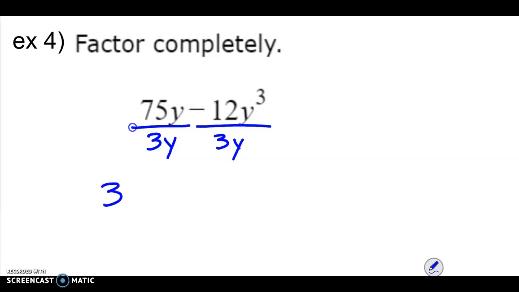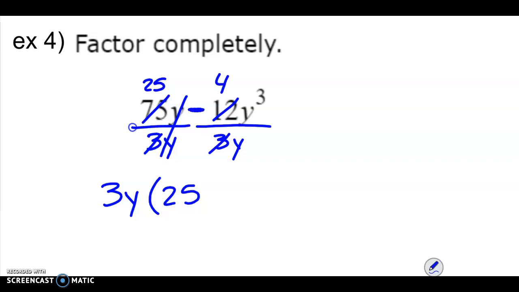So when I factor a 3y out of here, 75 divided by 3 is 25, and the y's cancel. So I've got 25, and then 12 divided by 3 is going to be 4. Don't forget that minus sign. And y cubed divided by a y will change to y squared. I end up with minus 4y squared.